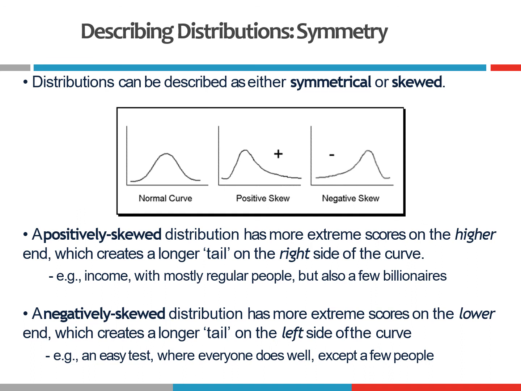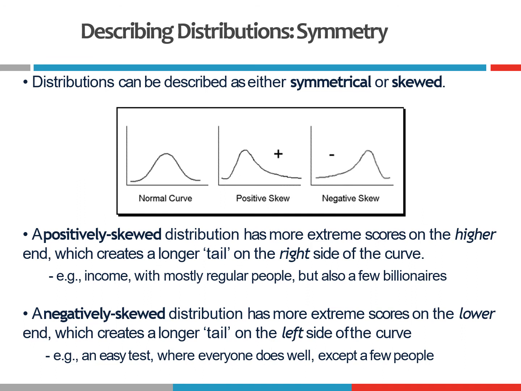In contrast, a negatively skewed distribution is going to have more outliers or extreme scores on the lower end, which is going to cause the tail of the distribution, which is where outliers are found, to move to the left where the smaller numbers are, right?